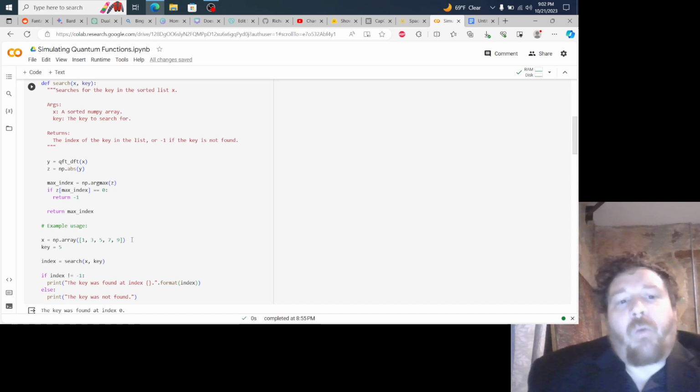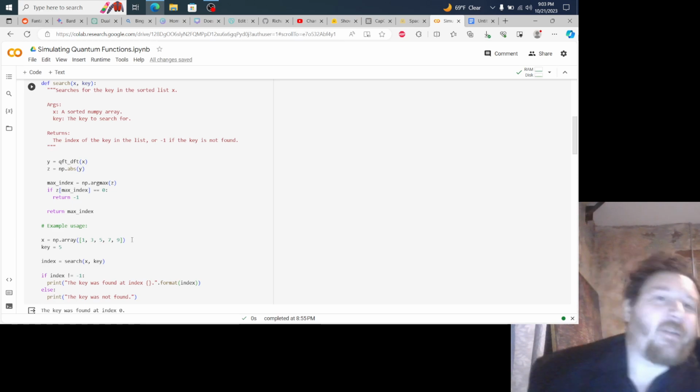And then what we want to do is figure out which one of these is the key. And then rather than doing that linear search, is it 1, is it 2, is it 3, is it 4, the algorithm essentially throws all of them in the air, and then whichever one actually lands on the floor is the correct answer.